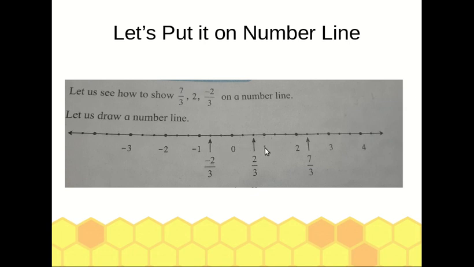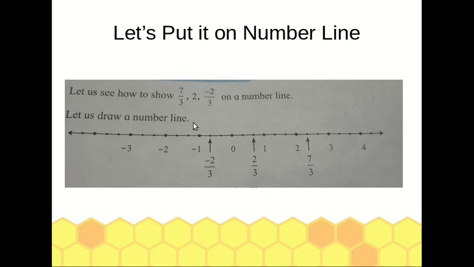From 0 to 1 is one group, and we have to make 3 equal parts by giving 2 points, so it makes 3 parts. Like this, between 1 and 2 we make 3 parts by giving 2 points, and between 2 and 3 also.